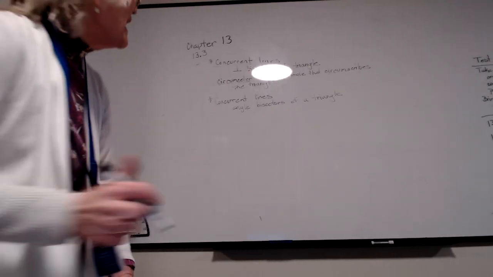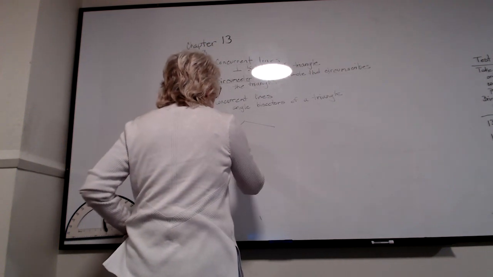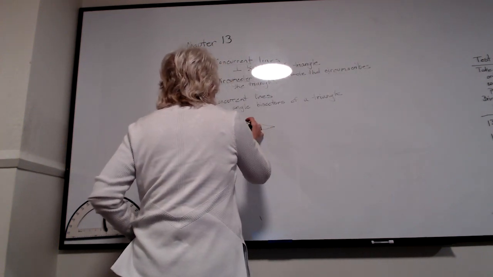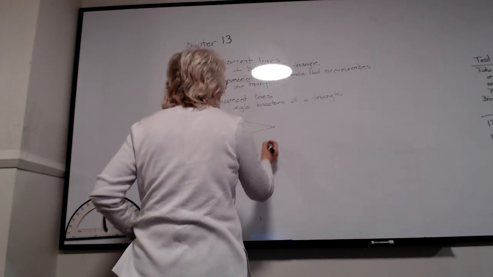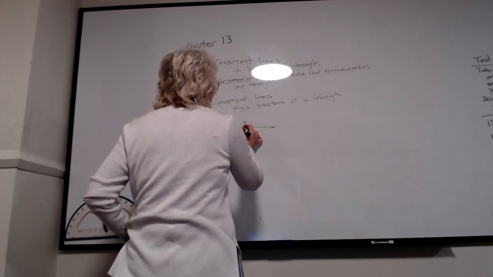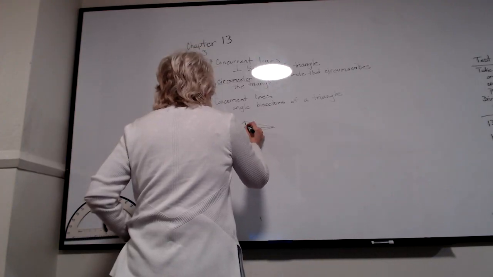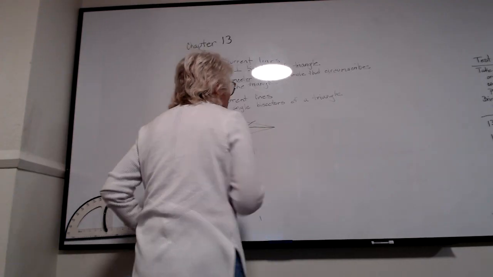So if you're looking at any triangle, take this one, and I cut this angle in half, I'm cutting this angle in half, that's harder to do. I'm cutting this angle in half. Oh, look at that, they matched up.